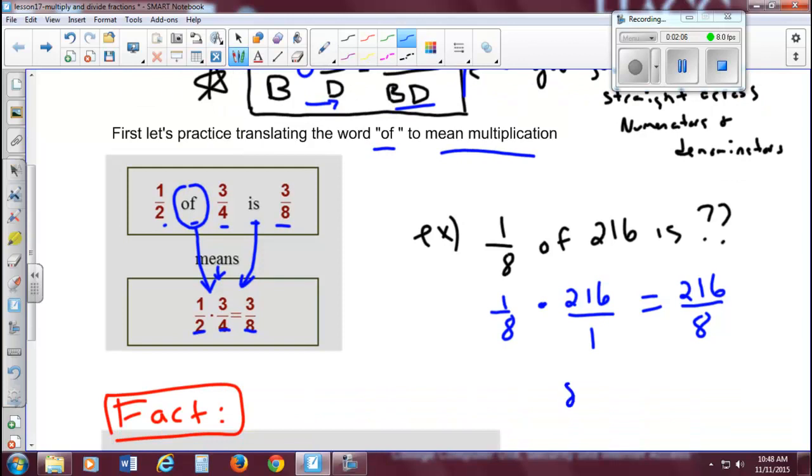Maybe 8 goes into 2/16 evenly, so we check that out. 8 goes into 21 about twice, and 21 minus 16 is 5. Bring down the 6. 8 into 56 goes 7. So aha, 8 goes into 2/16 evenly, in fact 27 times. So you do kind of explore that.